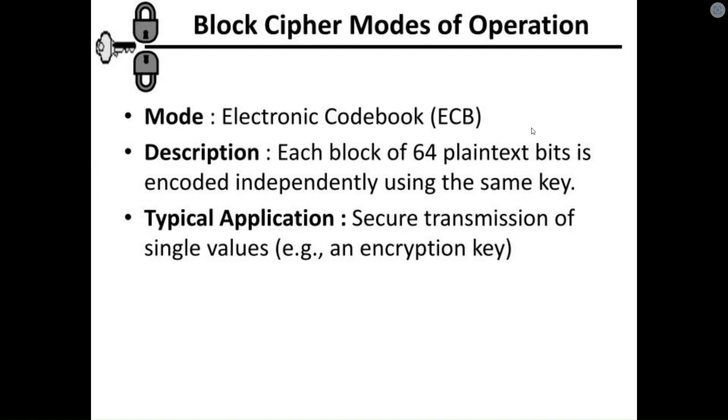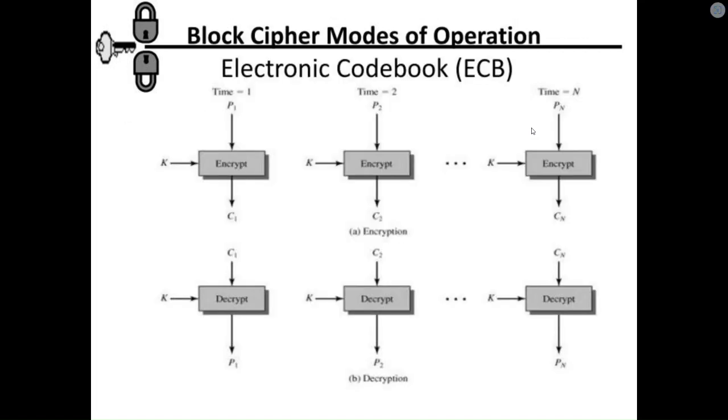Description: each block of 64 plain text bits is encoded independently using the same key. Typical application: secure transmission of single values, such as an encryption key. So we can see here the operations which are done by block cipher modes of operation.